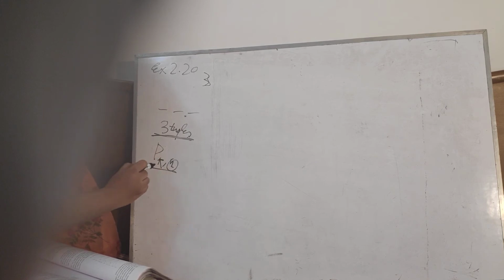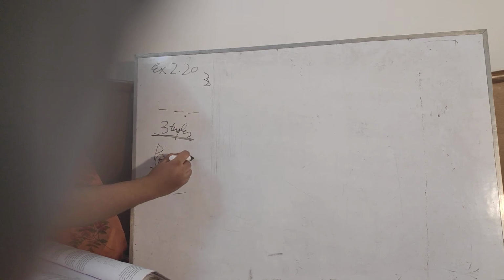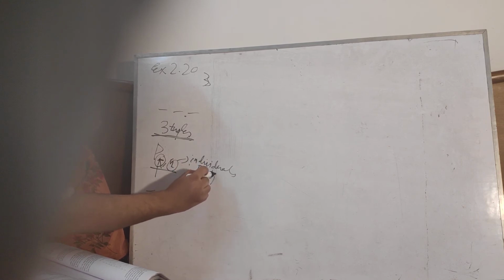So n objects and k placeholders, right? Individuals, objects.